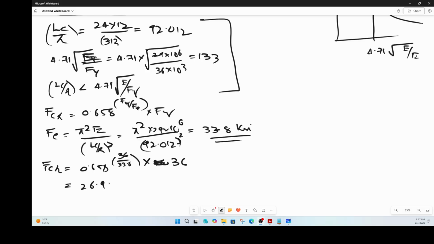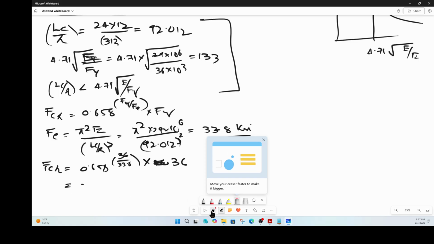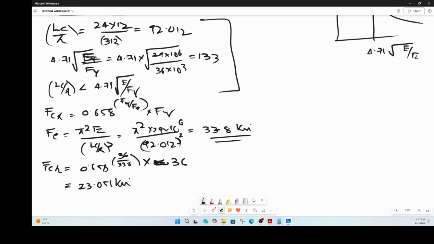Let's calculate this one here. So 0.658 raised to 36 divided by 33.8, then times your 36. This is like 25.051 KSI. Okay, so that's your critical stress.